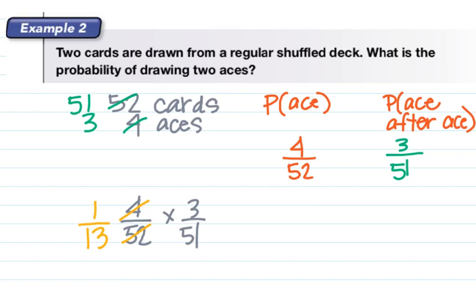I can also reduce 3/51 to 1/17. So now I'm just multiplying 1 over 13 times 1 over 17, and my answer becomes 1 over 13 times 17, which is 221.